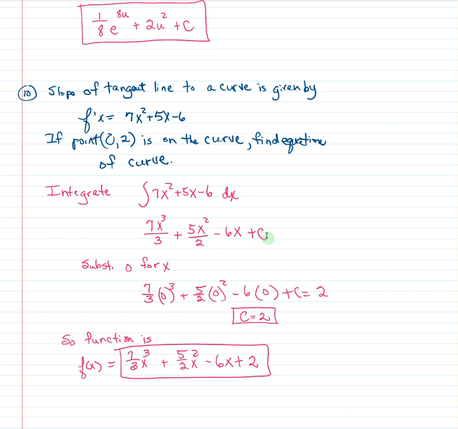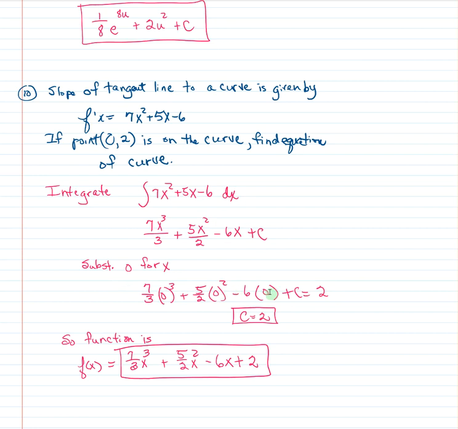Now, what are we going to do? We need to know what this c is. So if we substitute 0 for x, everywhere there's an x, we're still left with the c, and that would be our y value. That point, 0, 2, 0 for x, that will equal our y.